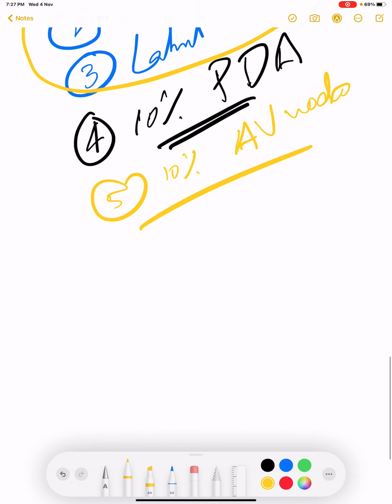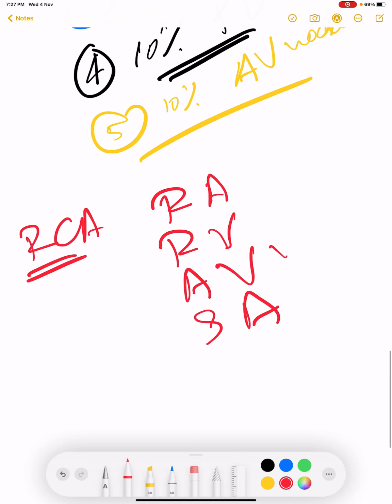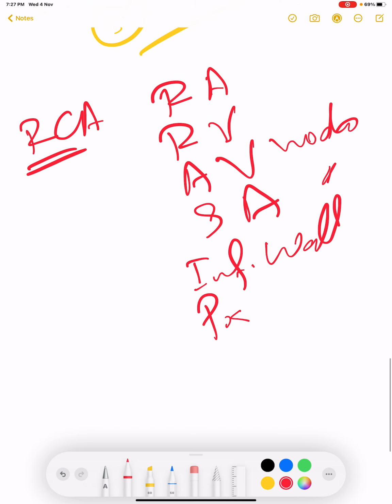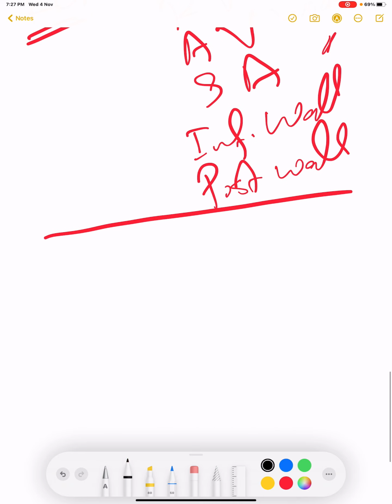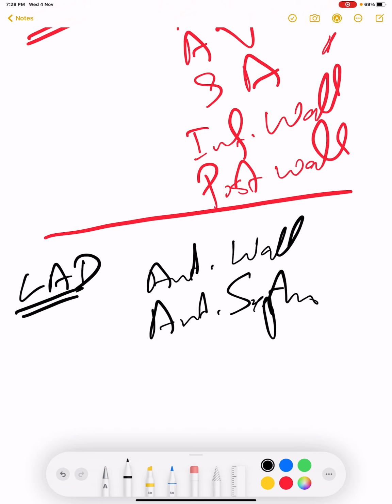Okay, so in a nutshell, here I will summarize: right coronary artery, right atrium, right ventricle, AV node, SA node, inferior wall, and posterior wall. That's finished. Left anterior descending, anterior wall, anterior septum. This is the most important.